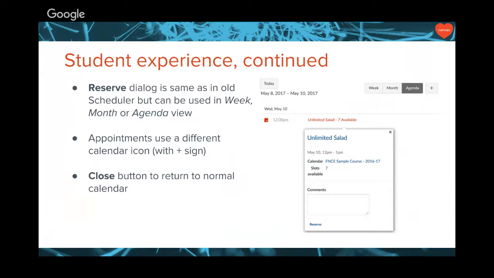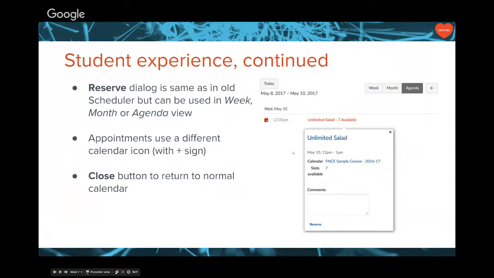Optionally, the teacher or TA may say, I want one student to see who other students are who are signed up for the same appointment. And that's a teacher and TA configurable option. If a student has any comments she wishes to make when reserving the appointment, that's what that box is for. And then finally, you click Reserve.